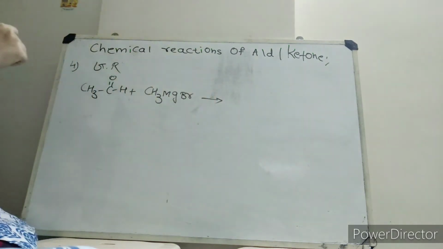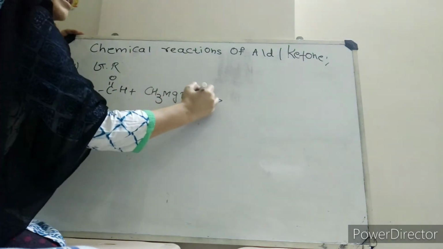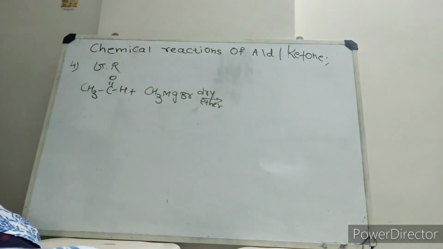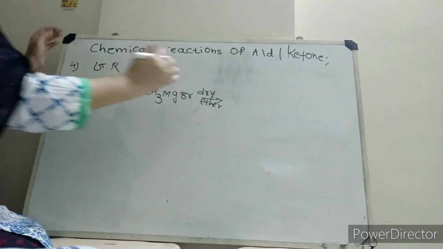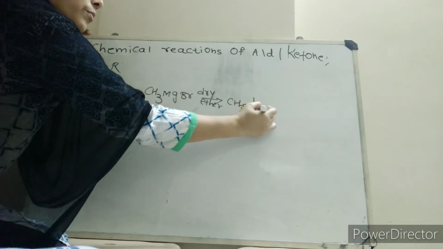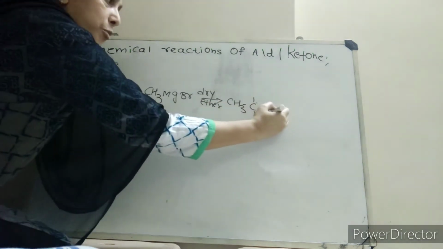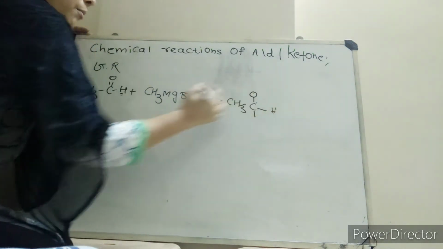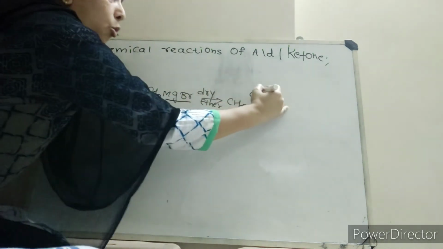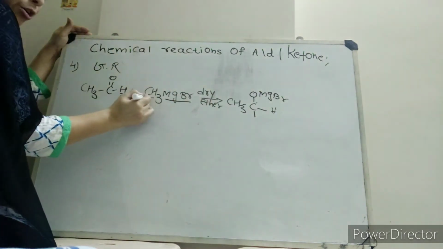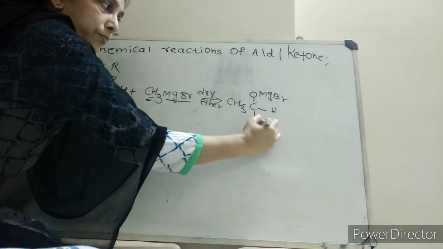Now it's a Grignard's reagent, so dry ether is compulsory over the arrow. Then how does the addition take place? First this double bond is removed. H stays as it is, in the H position. This oxygen combines with MgBr, OMgBr. And to this fourth valency we attach CH3.